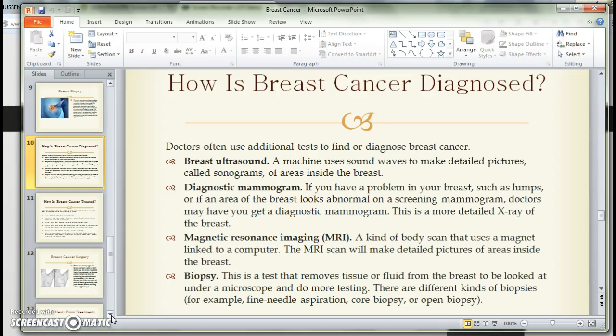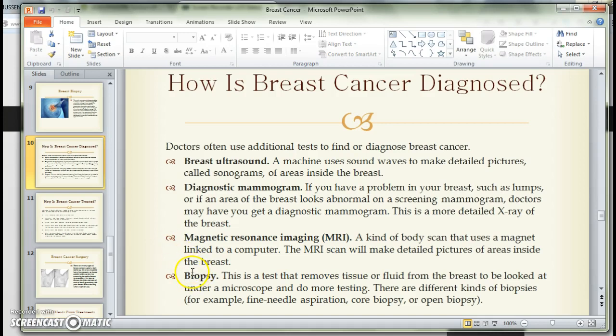This is a more detailed X-ray of the breast. And an MRI, a kind of body scan that uses a magnet linked to a computer. The MRI scan will make detailed pictures of areas inside the breast.